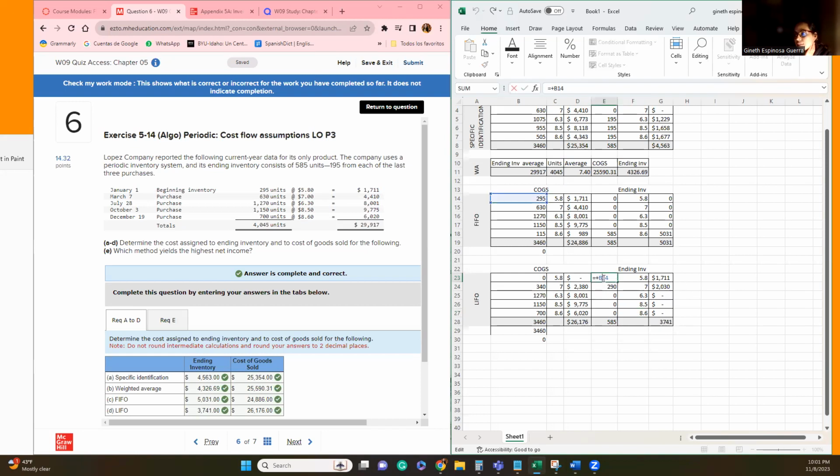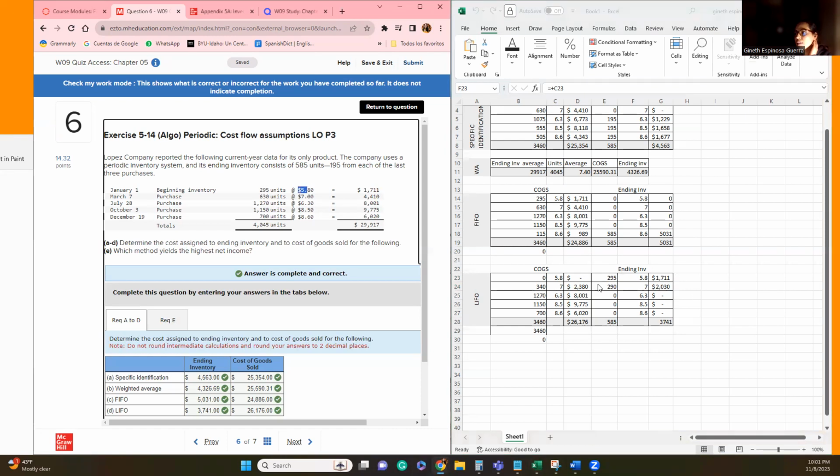We know this number is from our beginning inventory, 295. And for the next one, because we need to complete 585, it's going to be less, and we complete the numbers. Here we follow the same prices provided by the chart in every transaction, and we add these numbers and find our total ending inventory and cost of goods sold.